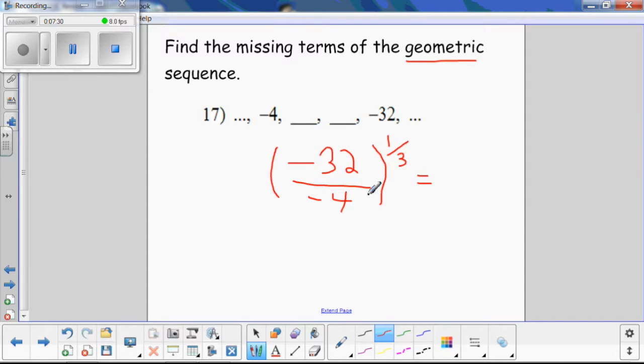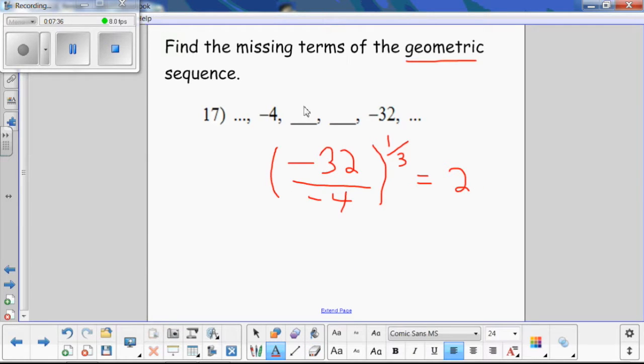So this would be 8 to the 1/3, which gives us 2. So our common ratio is 2. So we multiply negative 4 times 2, we get negative 8. Negative 8 times 2, we get negative 16, and we see that it works for the last term.